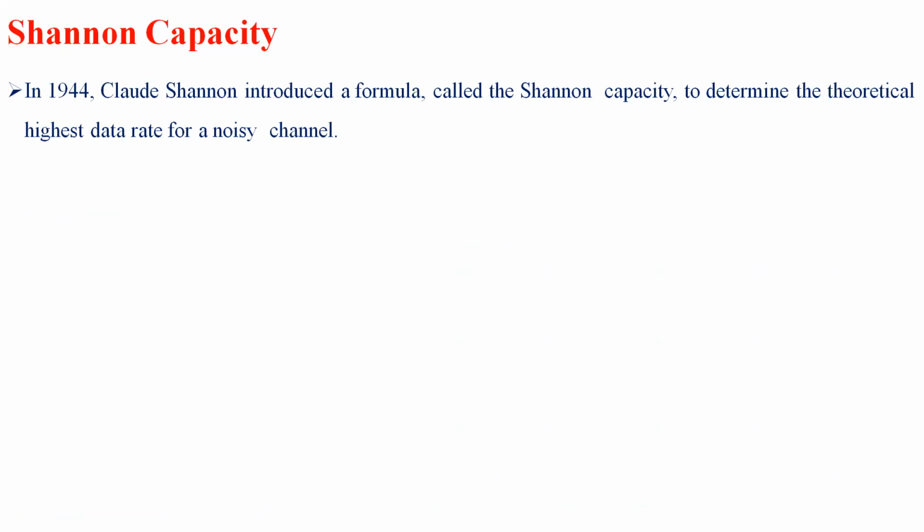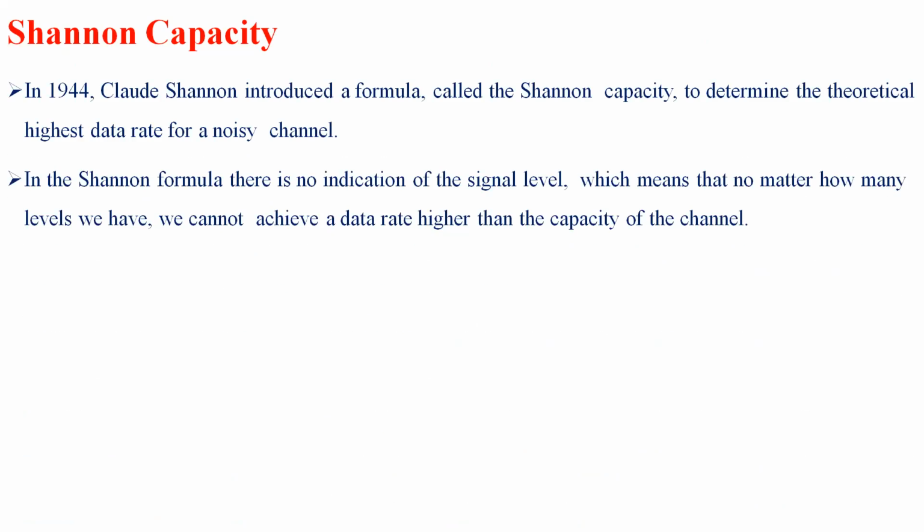By using this Shannon capacity formula, we can determine the theoretical highest data rate for a noisy channel. In his formula, Shannon never indicates a particular signal level, which means that no matter how many levels we have, we cannot achieve a data rate higher than the capacity of a channel.